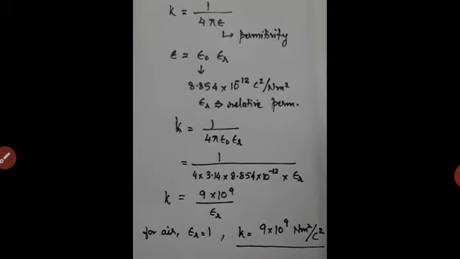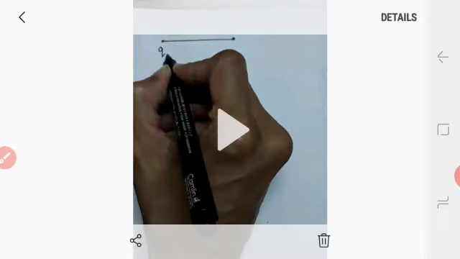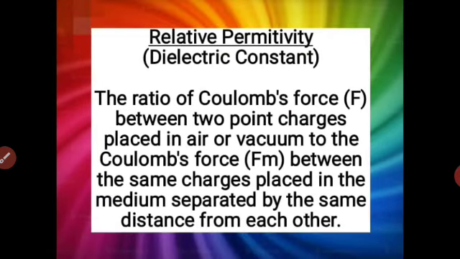Another point to be noted is that epsilon r is the relative permittivity of the medium, which is also called the dielectric constant. Let us see how it is defined. The relative permittivity, also called the dielectric constant, is defined as the ratio of Coulomb's force F between two point charges placed in air or vacuum to the Coulomb's force Fm between the same charges placed in the medium, separated by the same distance from each other.